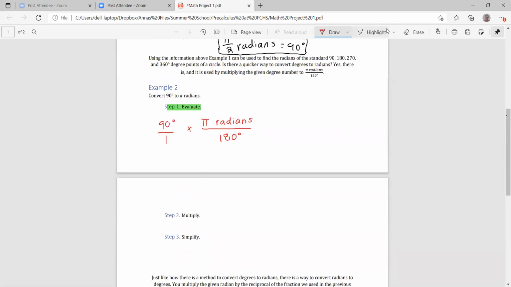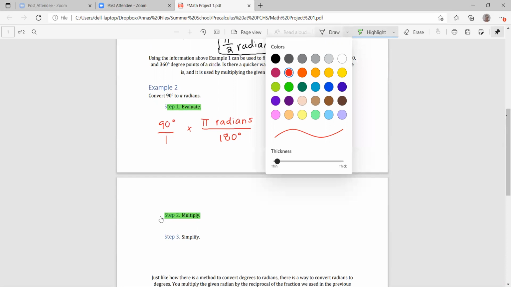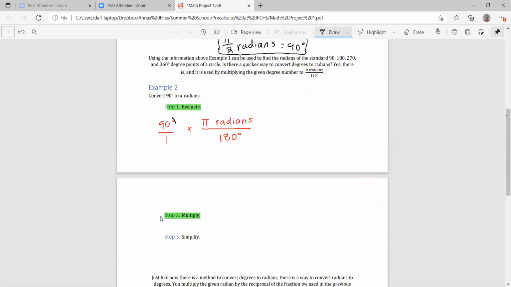So now we're going to go down to step 2, and we're going to multiply this. Right, so let's start by cross-canceling. Let's cross-cancel the unit first. We have 2 degree symbols, so we're going to cross out these degree symbols to get them out of the way, because essentially we want radians in the answer, not degrees.